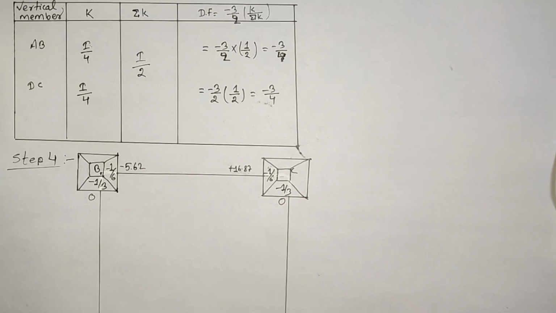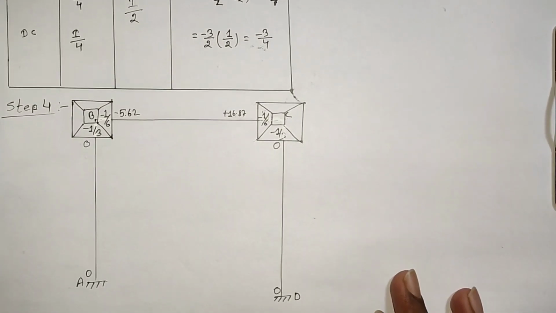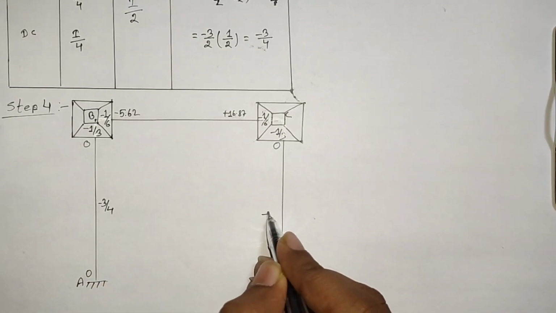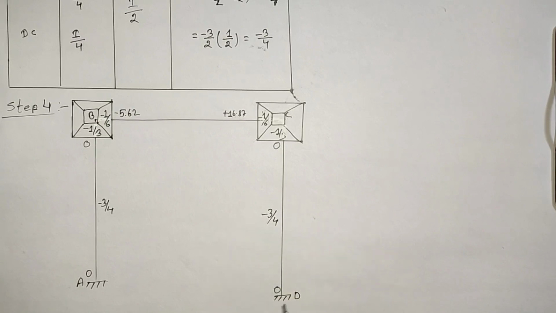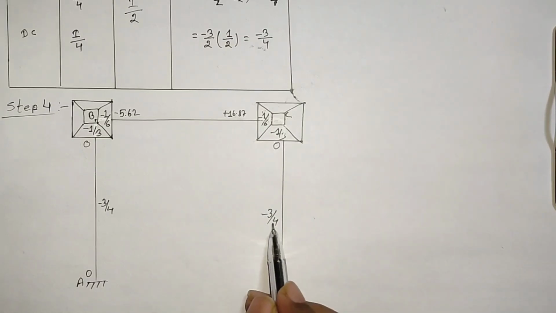Then write down the displacement factor which we calculated for the vertical members as minus 3 by 4. Similarly, the displacement factor for CD is also minus 3 by 4. After this, we move toward step 5, where we will use the rotation distribution factor as well as the rotation factor to find the moments at the joints.